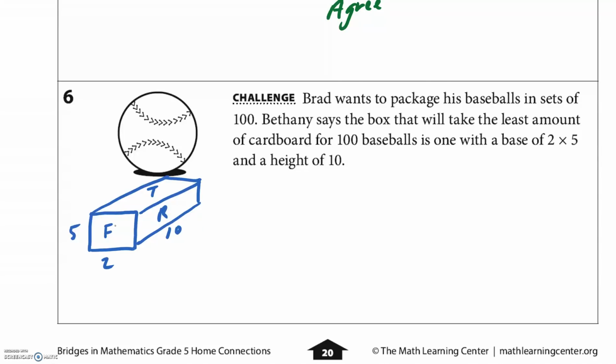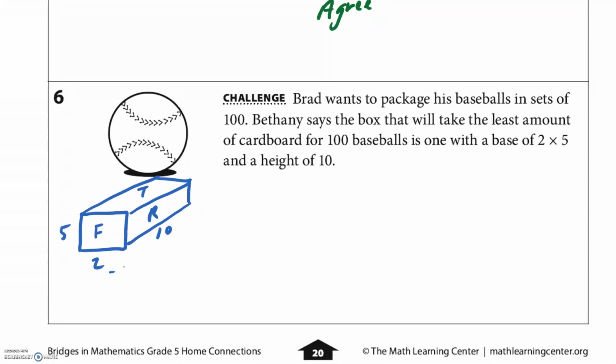Okay, so let's go. The area of the top is the same as the bottom. And so the area of the bottom is 2 by 10, and then the area of the top is the same. The area of the right is 10 by 5, so 10 by 5. The left is the same.